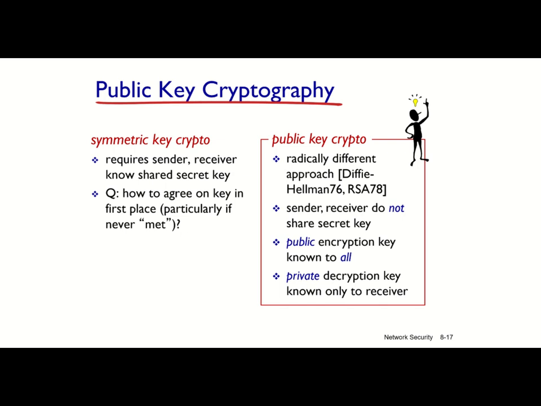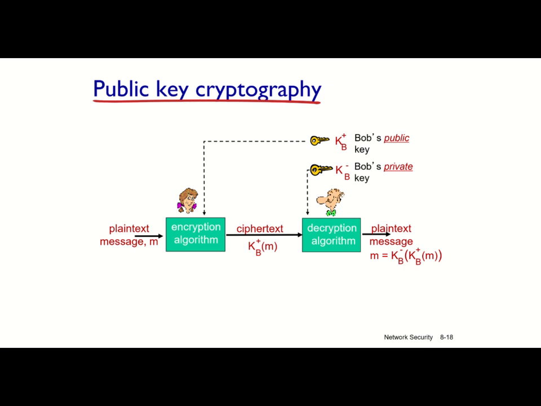So, in this approach, sender and receiver don't share any secret key, and the encryption key is a public key which is known to everyone, and the receiver uses a private key for decryption, which is known to itself and is not shared with the sender. So here is the scheme of public key cryptography.